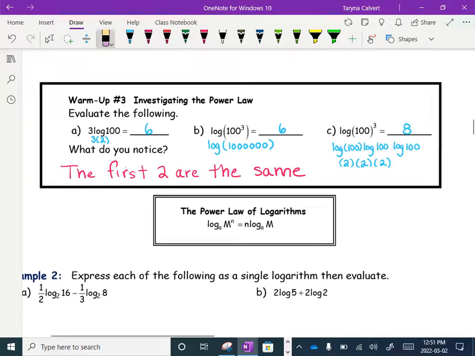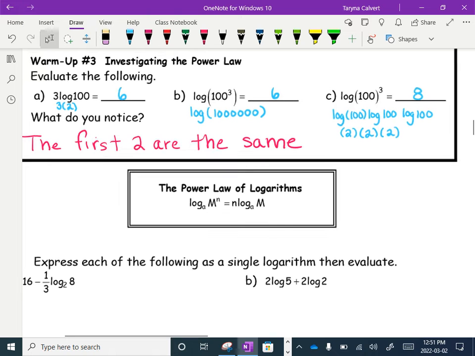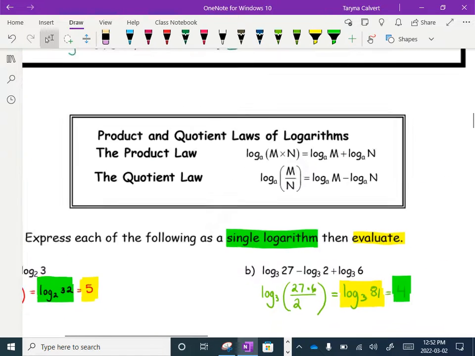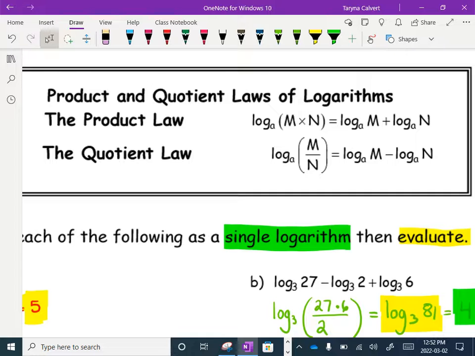All right. So with this power law, guys, this allows us to evaluate things more simply, because sometimes it's better to have the number in front of the log. Sometimes it's better to have it as an exponent, depending on, okay, the question. So if you're asked to simplify, guys, this is the key part. You cannot use the product and quotient law if you have a number out in front.